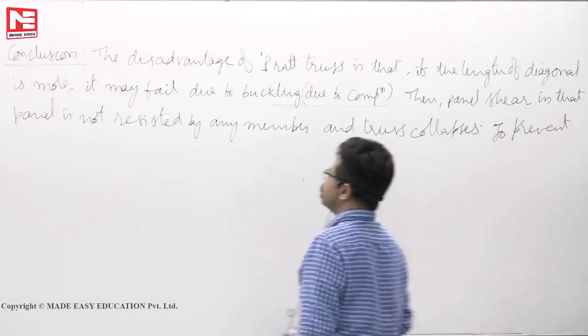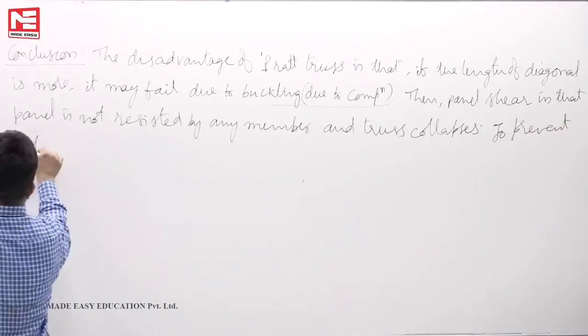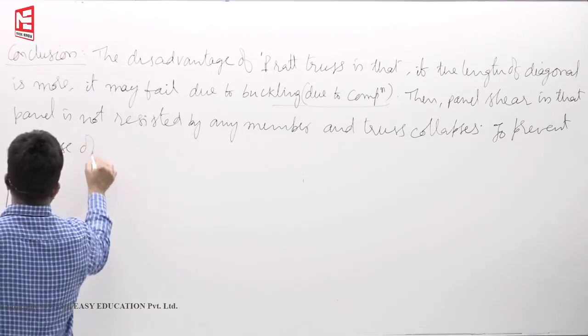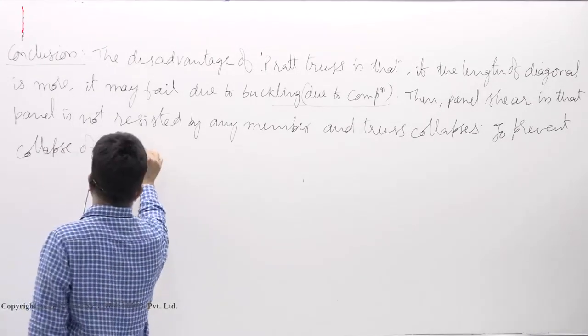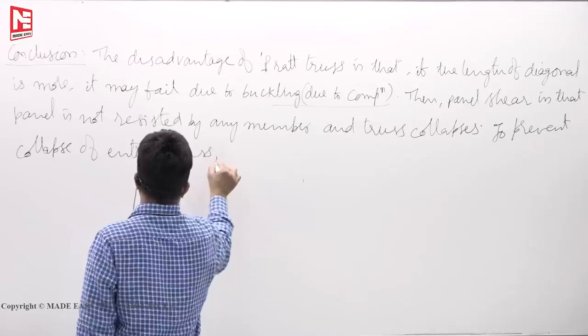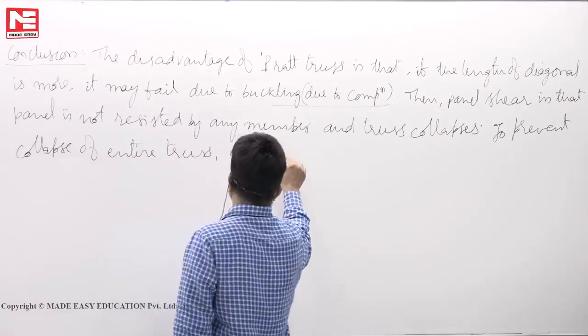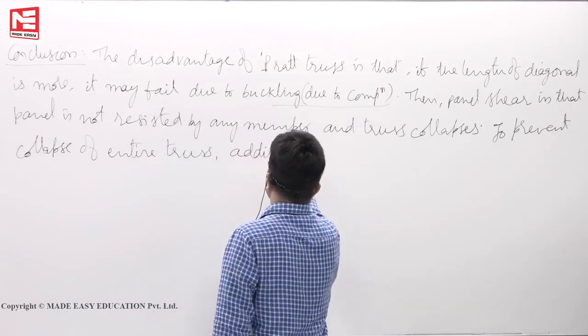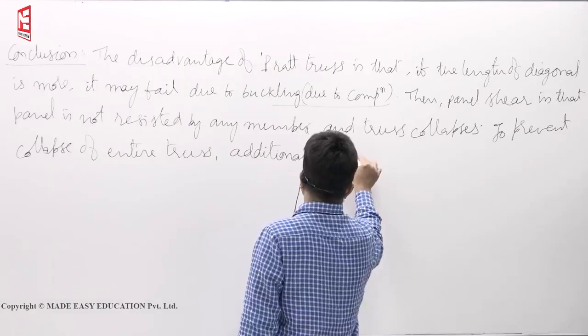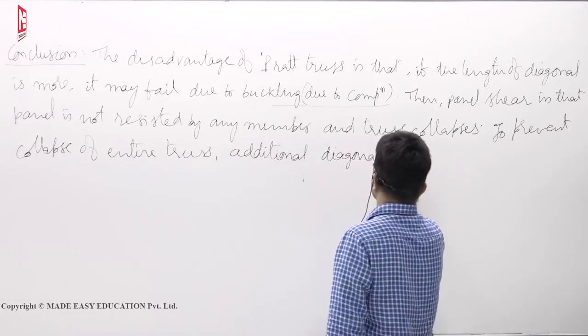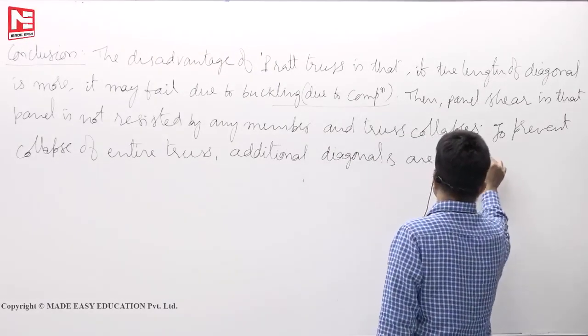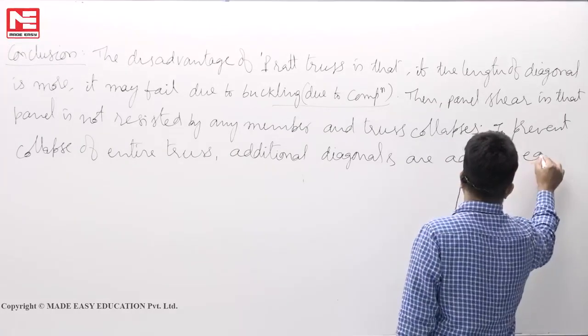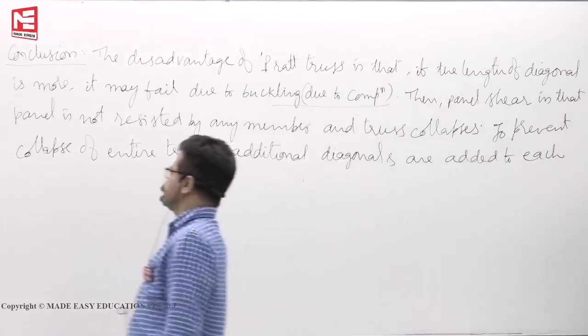To prevent collapse of the entire truss, additional diagonals are added to each panel.